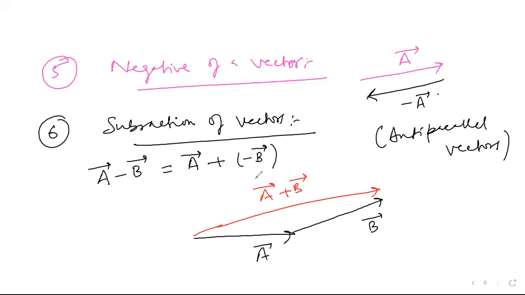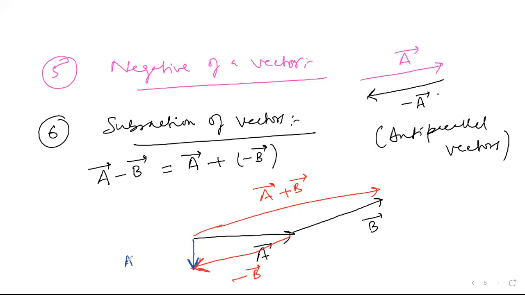In order to find A minus B, I first find minus B. And I know minus B is a vector having same magnitude as B, but oppositely directed to B. So it is my minus B. Then I add this minus B to A. On the tip of A, there is tail of minus B. So this is A, this is minus B. So this vector is A minus B.